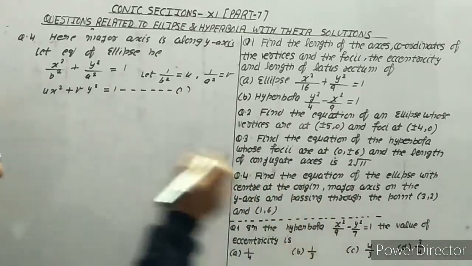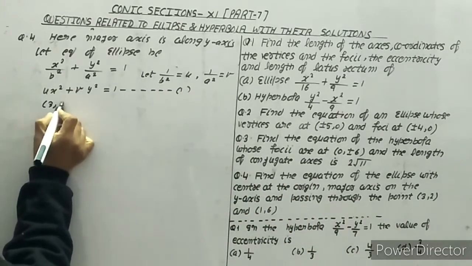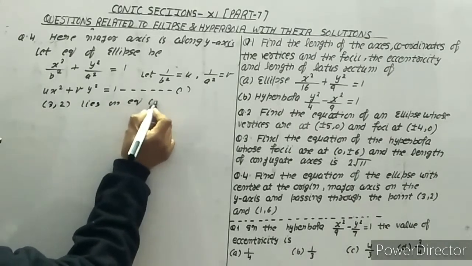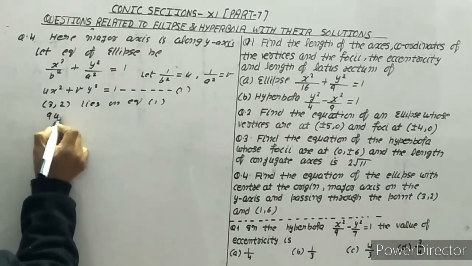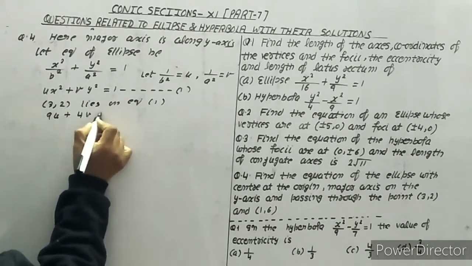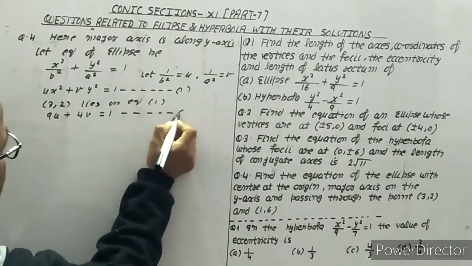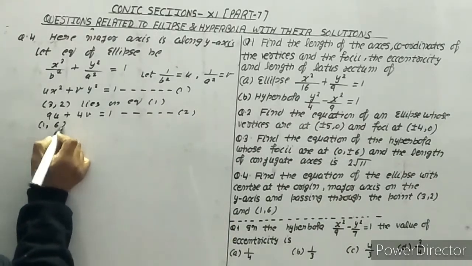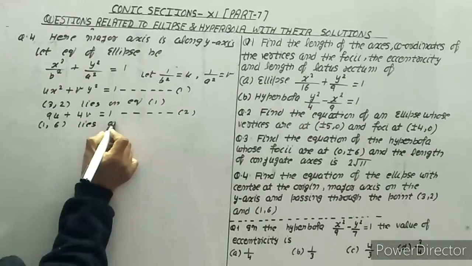It is given (3, 2) lies on equation 1. Therefore we will say 9u plus 4v is equals to 1. This is equation number 2. Also (1, 6) lies on equation number 1.